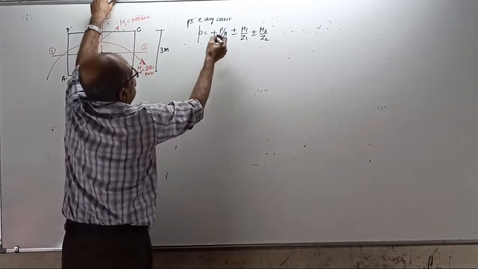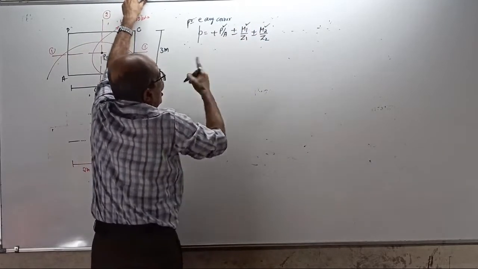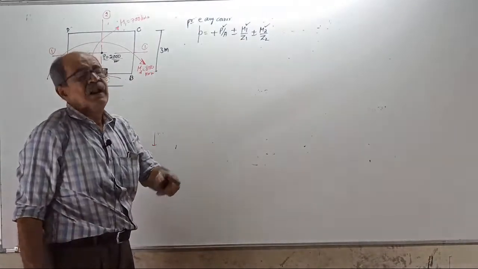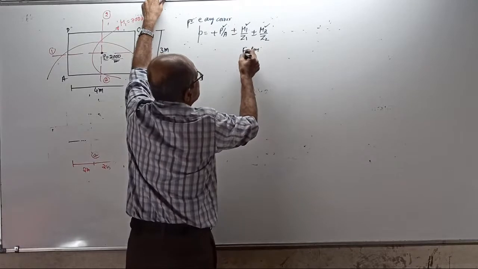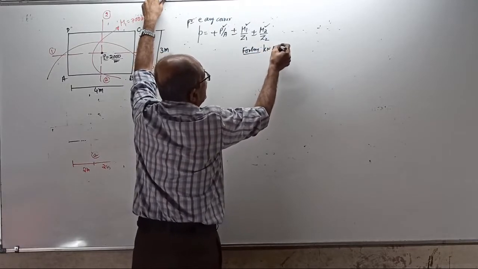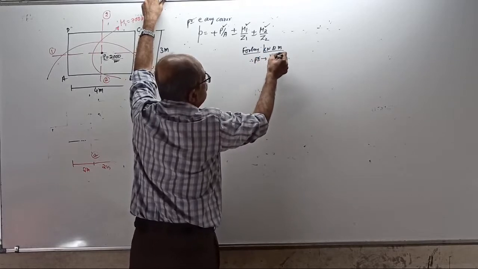P is known, M1 is known, M2 is known. Now remember, in case of a footing slab, units are kilonewton and meter, not Newton. Therefore, pressure will come in kilonewton per meter square.